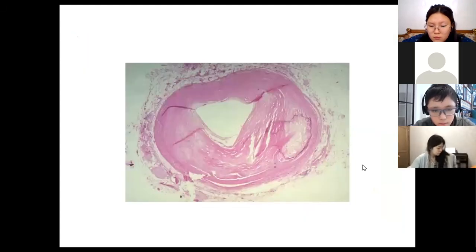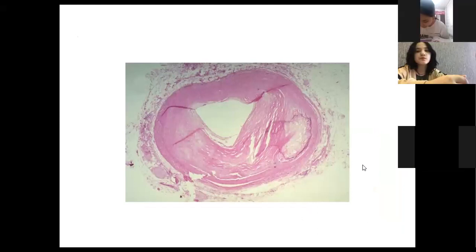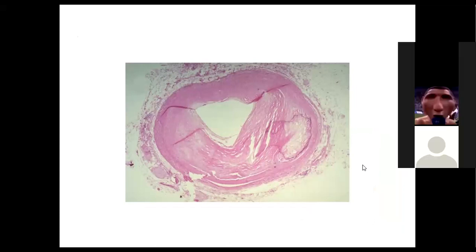What about this? Who didn't answer? Adina, what do you think? Which type of vessel is it? Also artery. This is a cross section under the microscope. Artery, you are right. How do you understand?